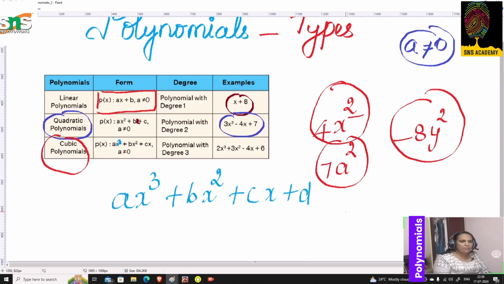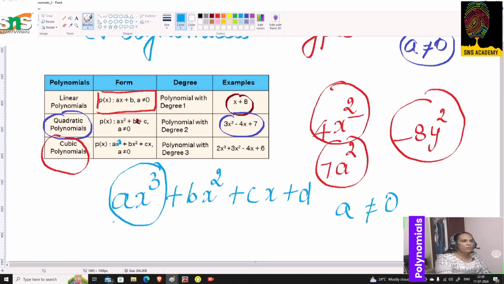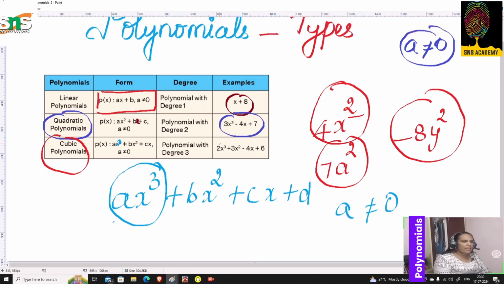When you observe this, again the same condition, a is not equal to 0. Again, if a is equal to 0, the whole term will become 0, so we can't consider this as a cubic polynomial. Here I have given the example 2x cube plus 3x square minus 4x plus 6.